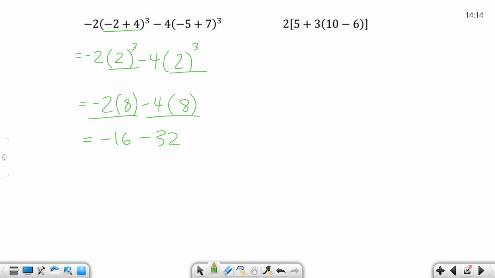Negative times positive is negative. When they're both negative, I add them together and keep it negative. What is 16 plus 32? 48. And remember, it's negative. So -48.